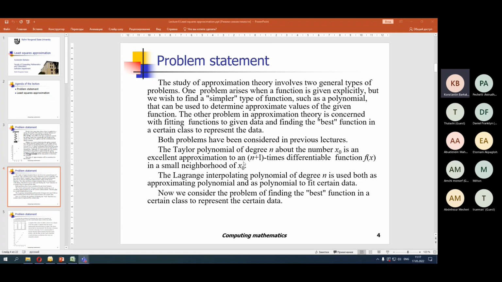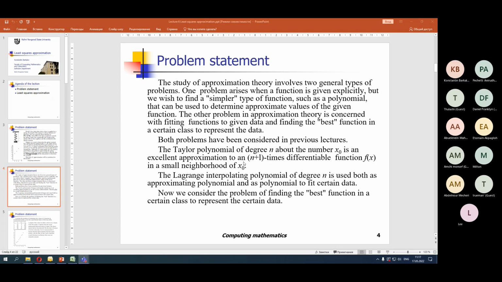This is the first case. And the second case is an interpolating polynomial. We considered two types of interpolating polynomials, Lagrange and Newton interpolating polynomials.